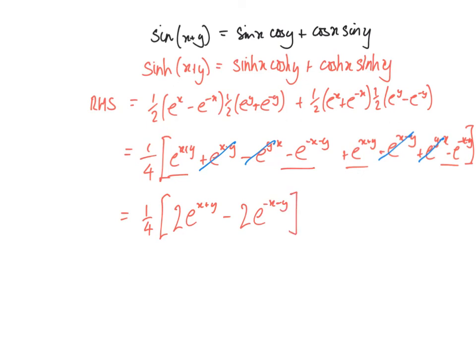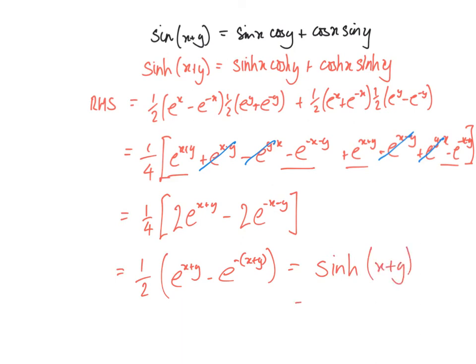And that factor of 2 cancels with a quarter, and we get a half upon e to the x plus y minus e to the minus x plus y. And that is equal then to the sinh of x plus y, which is the left-hand side. And so we've proved that hyperbolic identity.